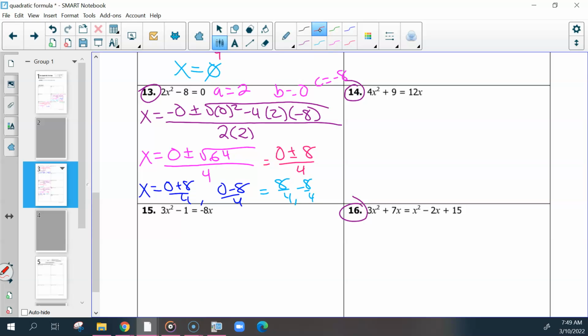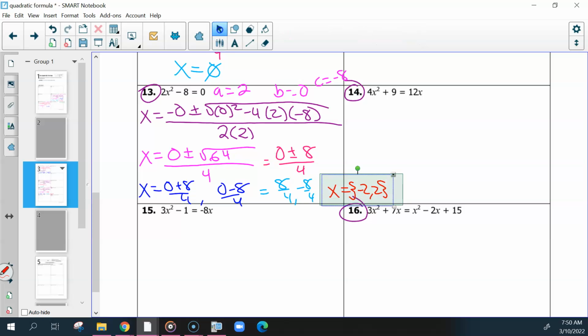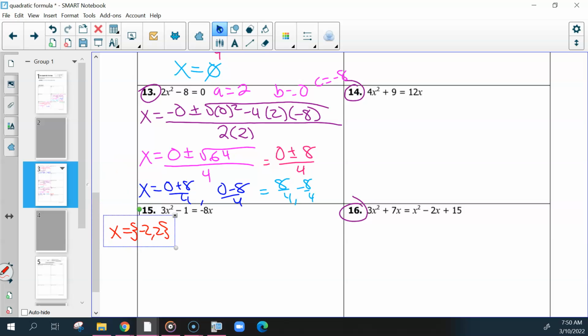Or negative 2 and 2. So it's kind of ugly. But that's the answer for 13. Questions on 13?